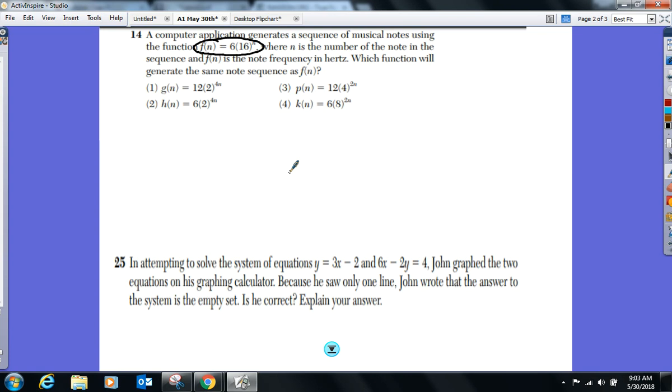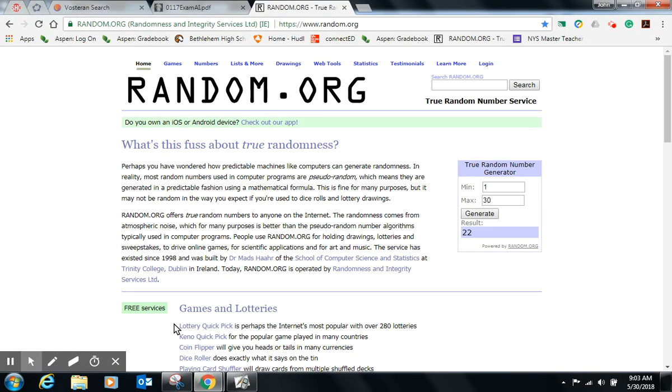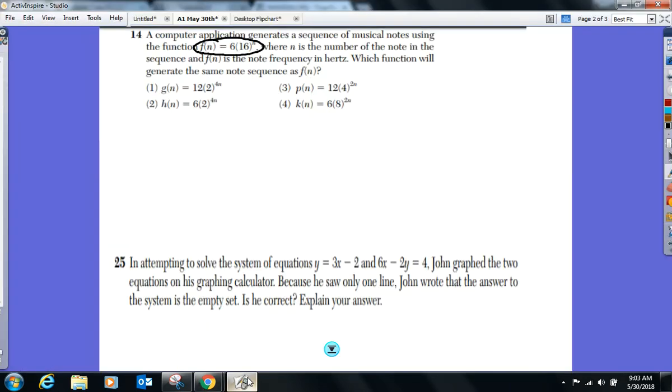You guys finding the one that creates the same table of values? And which equation? 13, which equation? The second one, 6 times 2 to the 4n. Yep. We just did 2 problems, 4 points total. We didn't do a darn thing, did we? We just let the calculator do the work.